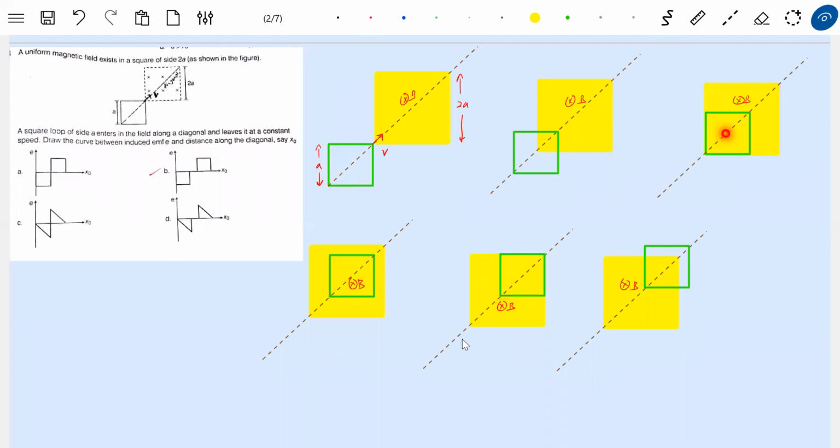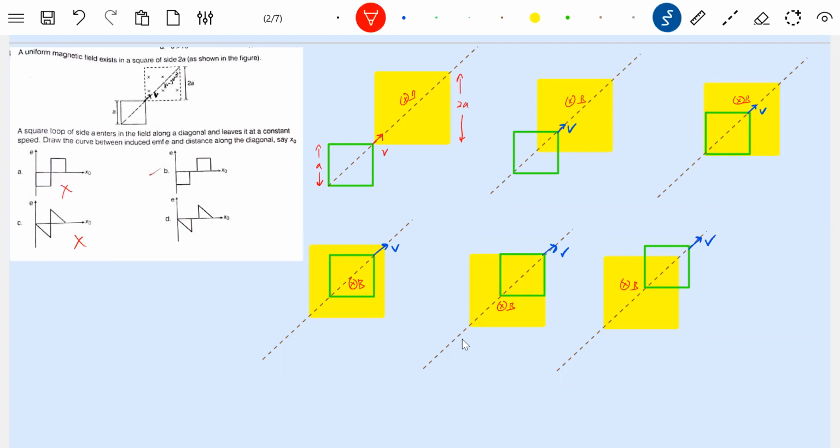The loop will take some time to move from one position to the other. For this interval there won't be EMF induced, because the flux linking the loop remains constant. So here there should be a time gap, and there is no time gap in these two. So these two are totally ruled out.